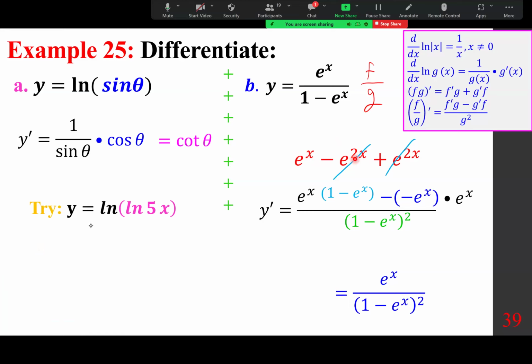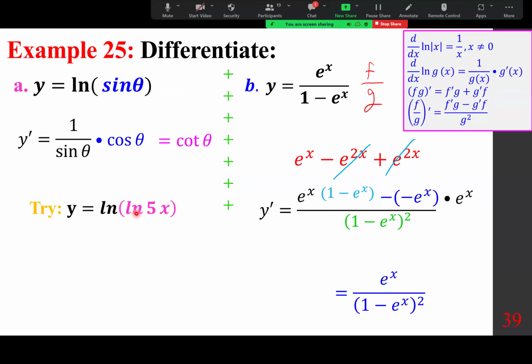All right, we're going to try y equals ln of 5x. And let's see what happens here. Well, first we flip this over.